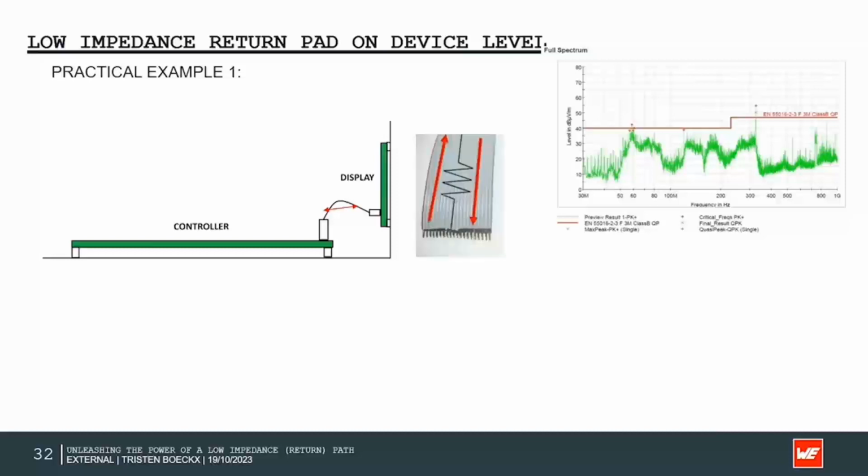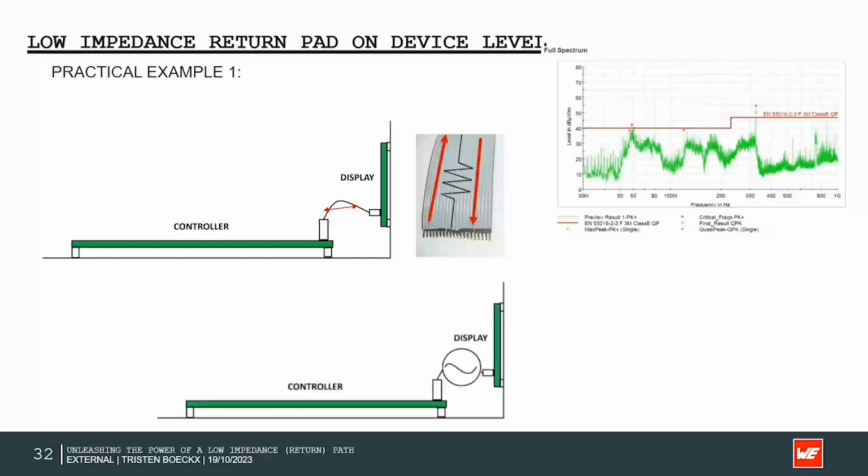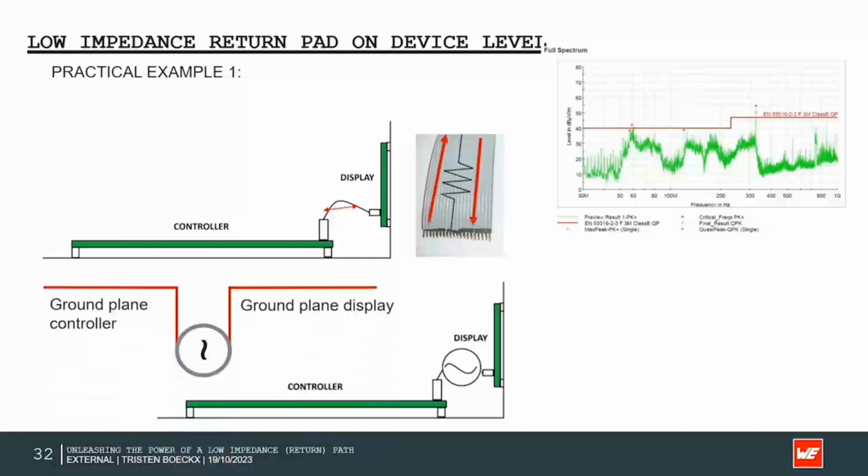Looking at the theoretical approaches from this presentation, the traces are an inductance and also an impedance. Due to this impedance, there is a voltage drop, and this voltage drop introduces an antenna made of both the ground plane of the controller and the ground plane of the display.